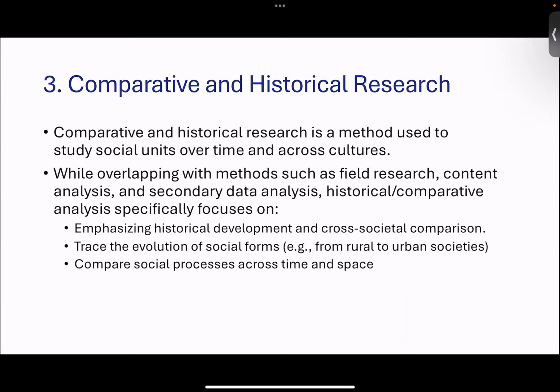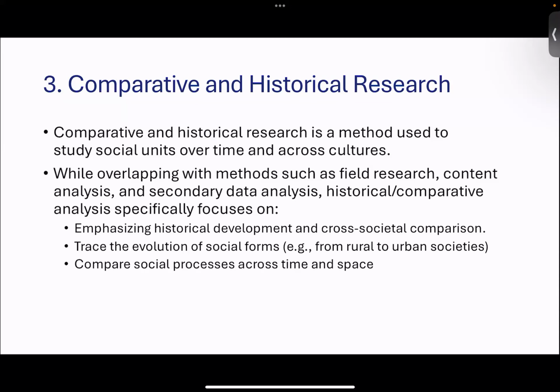So the last type is comparative and historical research. It is a method where we try to understand social units over a long time, and it can be across different cultures. So this seems like it overlaps with some field research, where you have to go out. Content analysis, as well as secondary data analysis, or this type of historical comparative analysis, is actually trying to focus on historical development, or we can try to compare different societies.